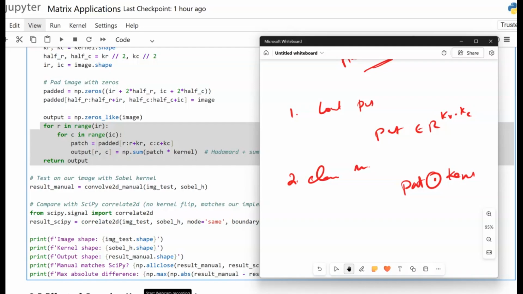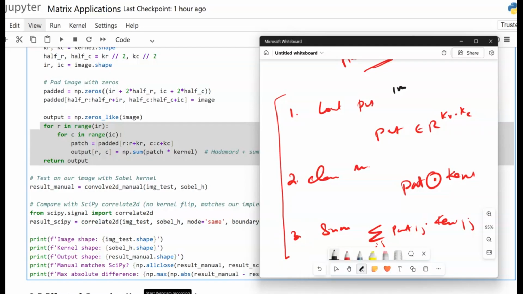Then the summation of patch of ij and kernel of ij. This is exactly what gives us the image convolved with the kernel at row comma column.